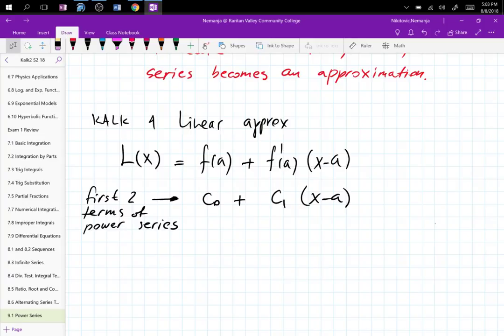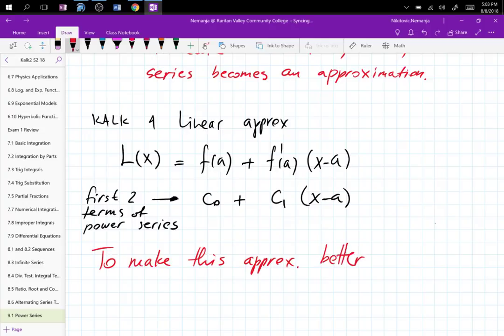So to make this approximation better, use more terms.